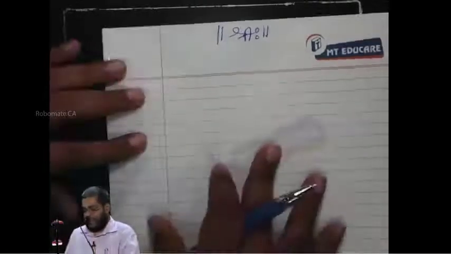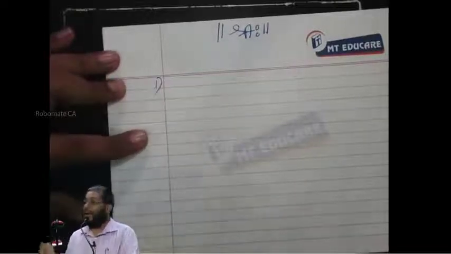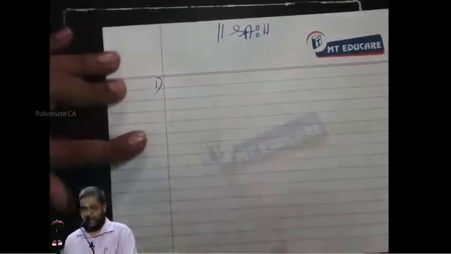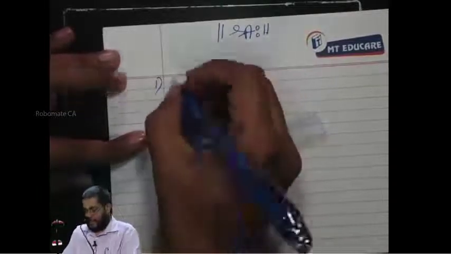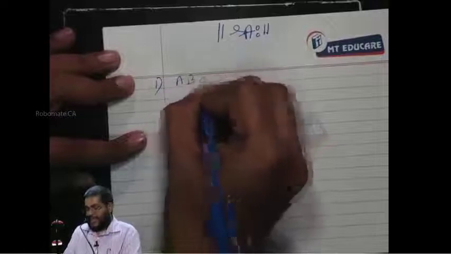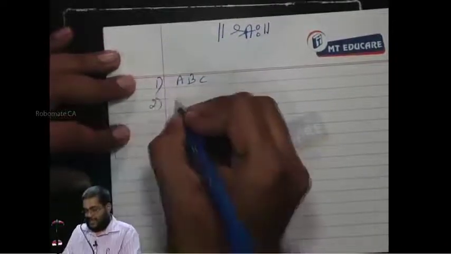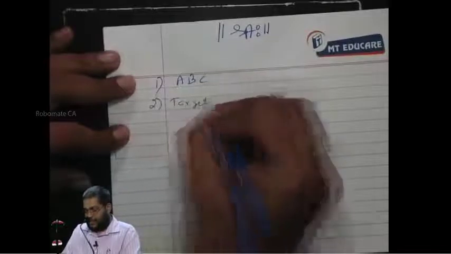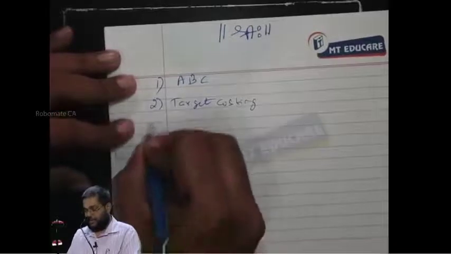Now, see. In the first chapter, Developments in Cost Accounting, the following topics are covered. ABC, which we call activity-based costing. Second is target costing.